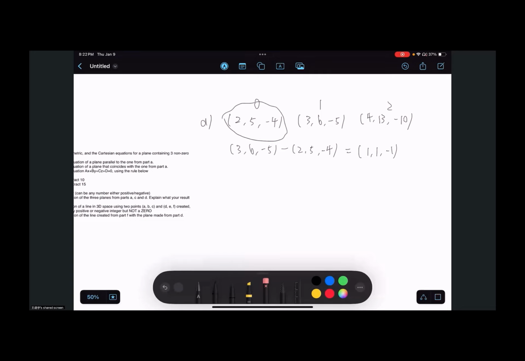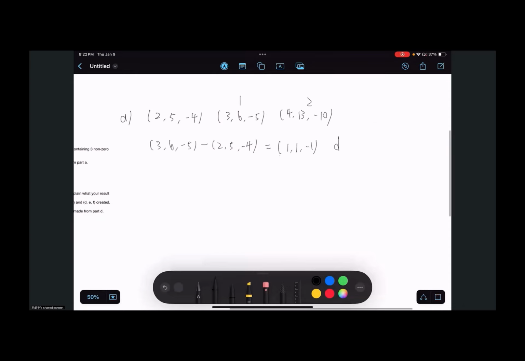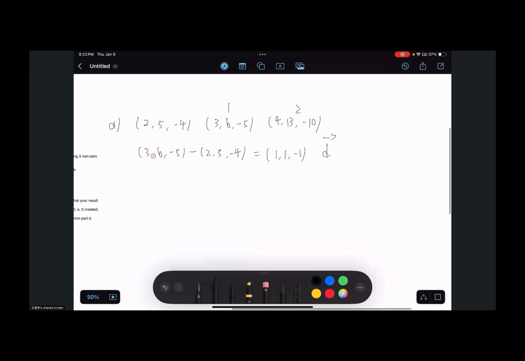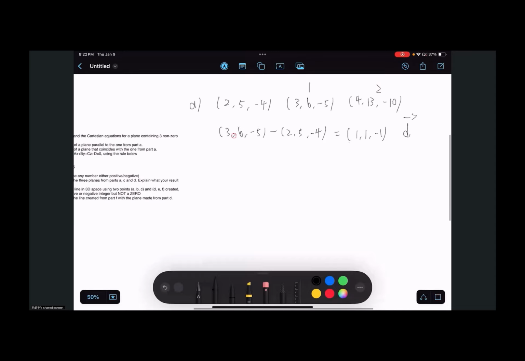So this vector is our first direction vector, and the next is the second direction vector. We can use 4, 13, -10 minus 2, 5, -4.